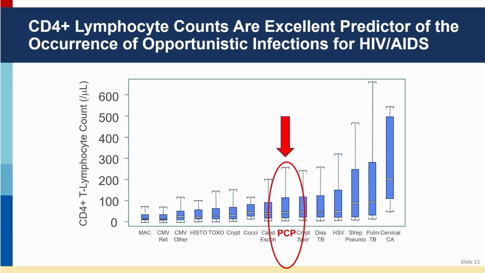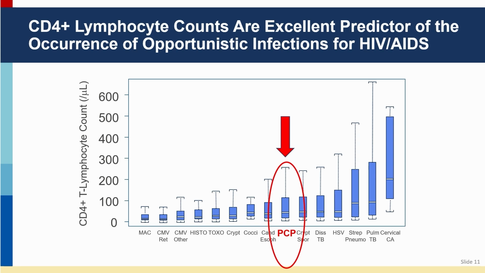What this slide shows you here is that there's a range at which patients develop opportunistic infections. When we make these pronouncements that it's under 100, under 200, it's a generalization, as I'll show you in a moment. So the CD4 counts in HIV are useful, although I'm going to say to you in a moment that in other populations like transplants, they may not be as useful in assuring you this protection.